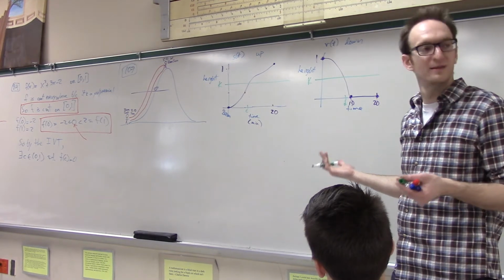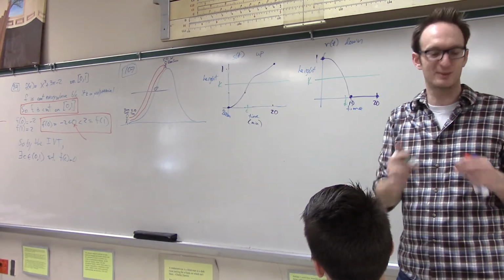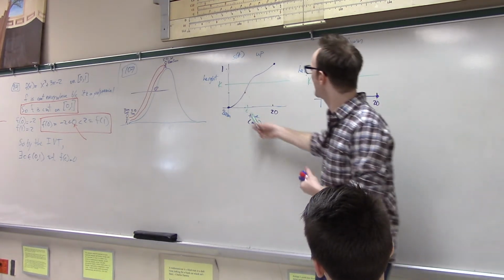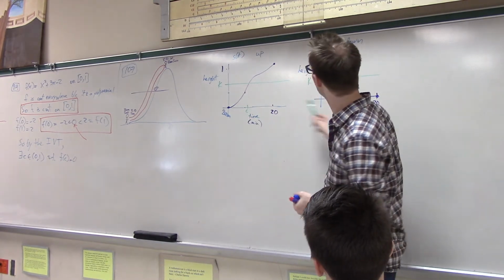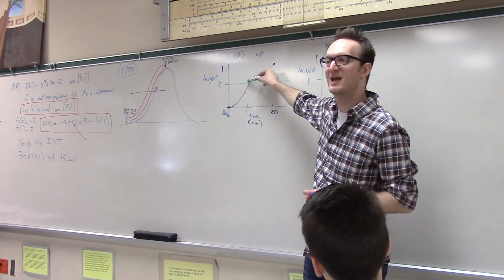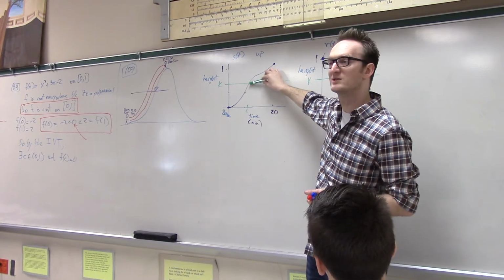But that's not what this problem is asking for. This problem is not saying show that there's some time c and some time d at which we are k units high up the mountain.